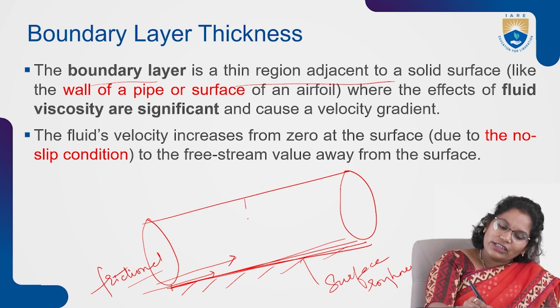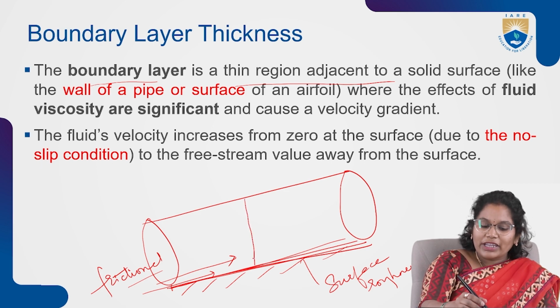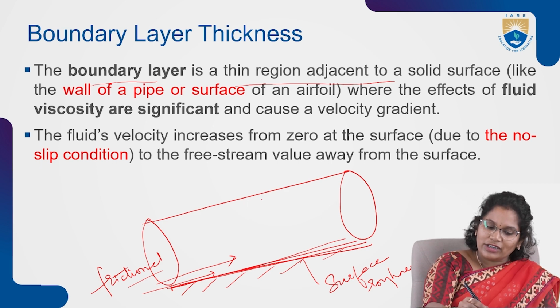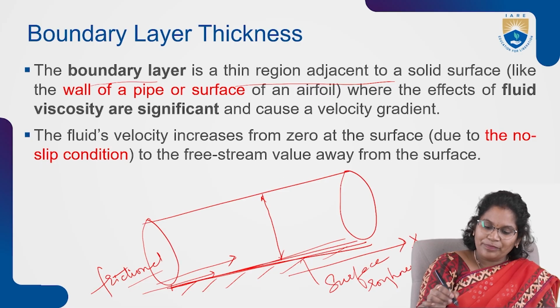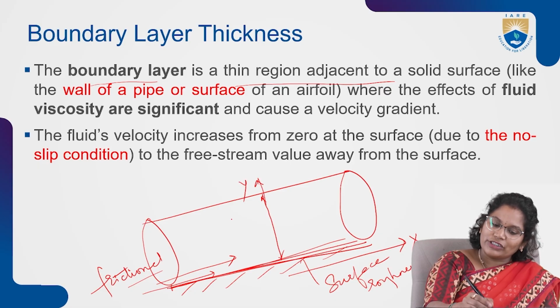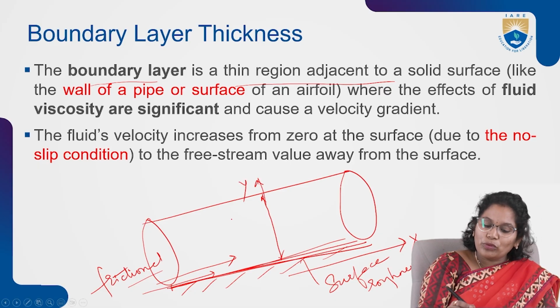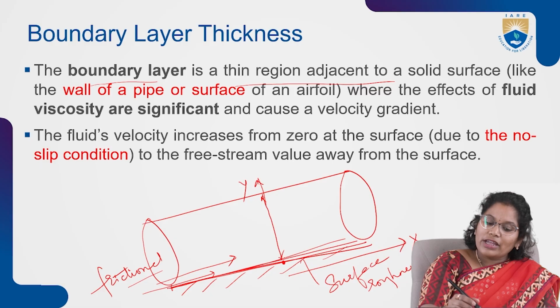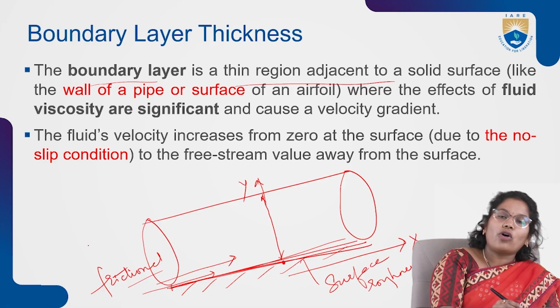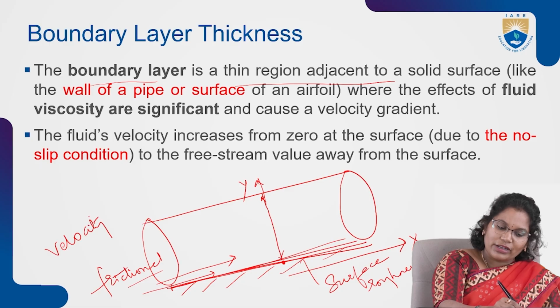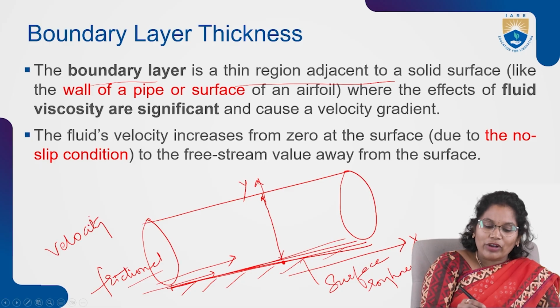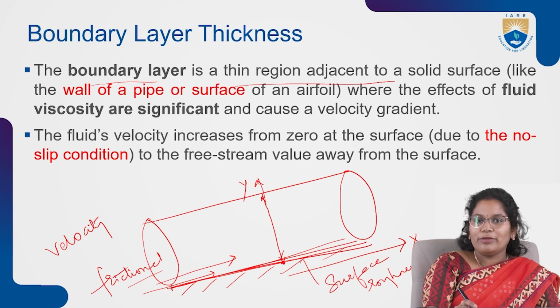So we have seen the velocity distributions in a pipe. In a pipe, we have seen a velocity distribution in the vertical direction, in the y direction. If this is your x direction and this is your y direction, then when you move in the y direction, if you take a velocity component, the velocity is zero at the boundary.